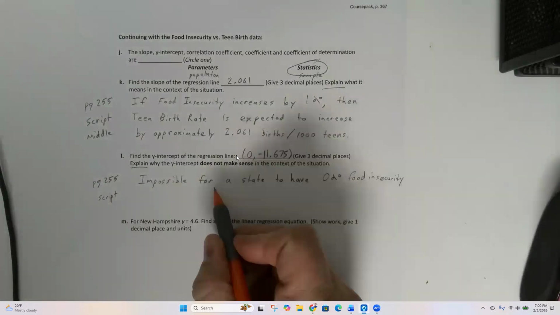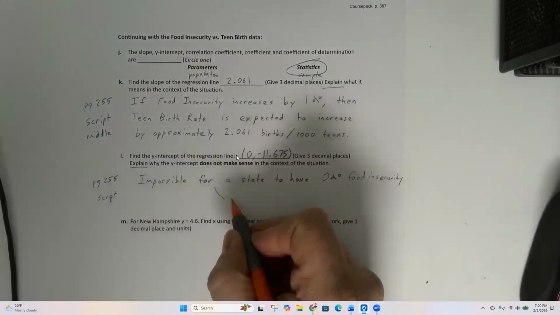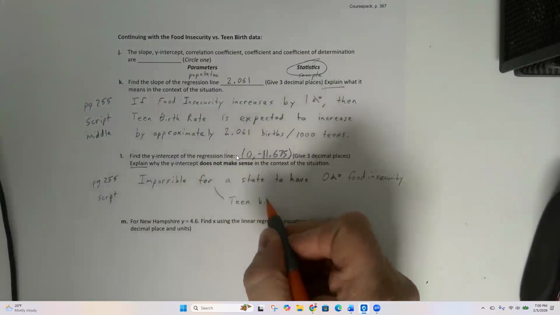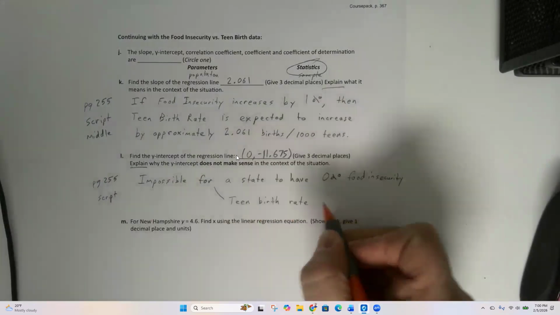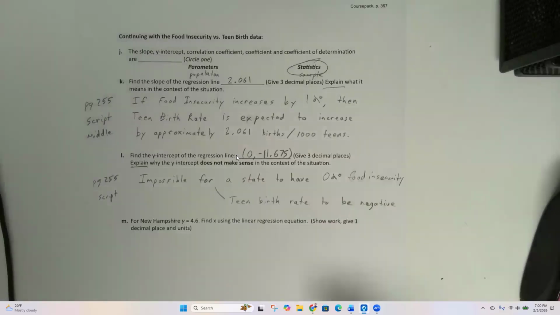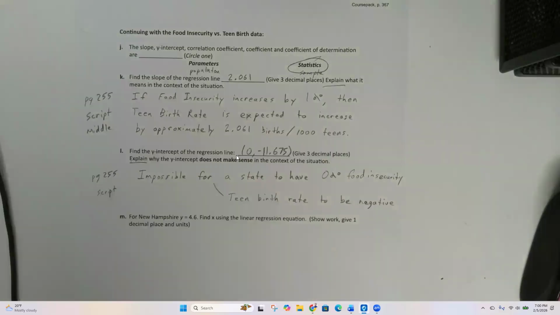But you could have also said instead impossible for teen birth rate to be negative, right? You can't say that a state has -11 births per 1,000 teens. That doesn't make any sense. How do you have negative babies, -11 births? Yeah, so either of those answers is fine.